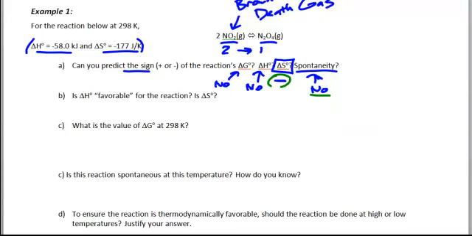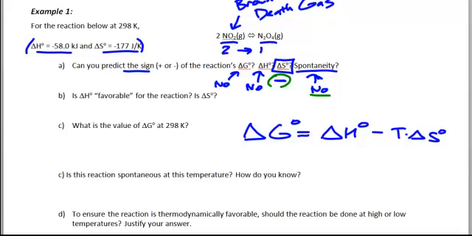Part B, is delta H favorable for the reaction? Let's take a look at the free energy reaction equation. We said that we want delta G to be negative in order for our reaction to work. That means that we want delta H to be negative as well, because that will give us a negative number on the left side.